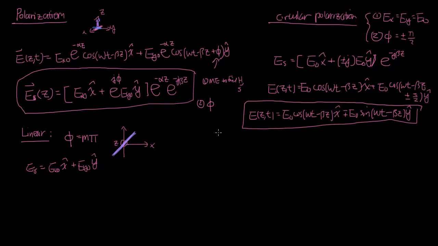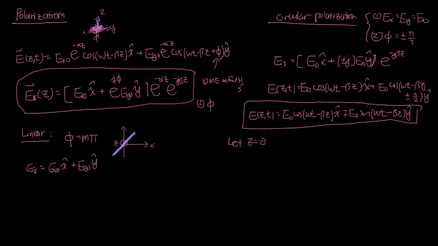So let's see what this looks like. Let's try to visualize this. So let's just look at the z equals 0 plane. So I'm sitting right on this xy plane here and watching the wave come right at me, since it's propagating in the plus z direction.